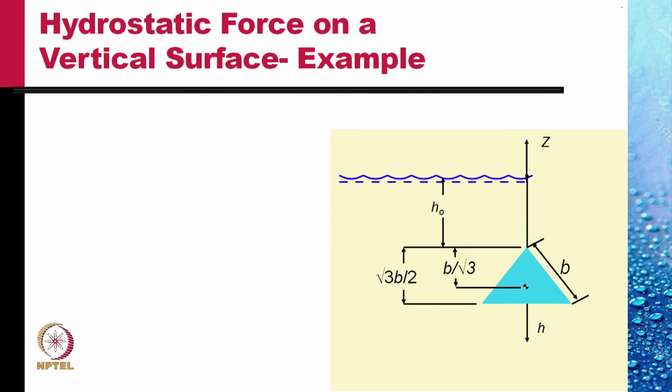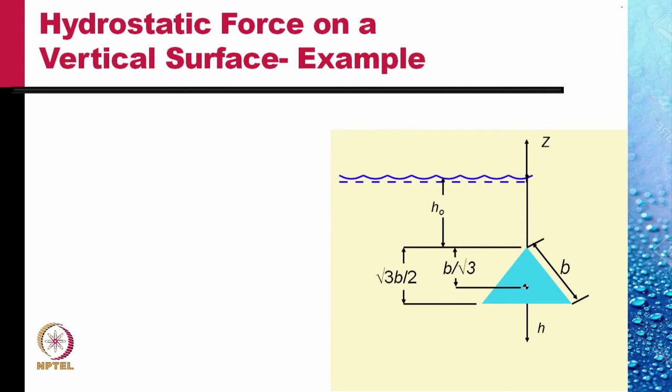We know that the depth of the centroid from the tip of the plate is 2/3 of the height of the plate, and the height of the plate is √3 b by 2, so that the centroid is at a depth of b by √3.